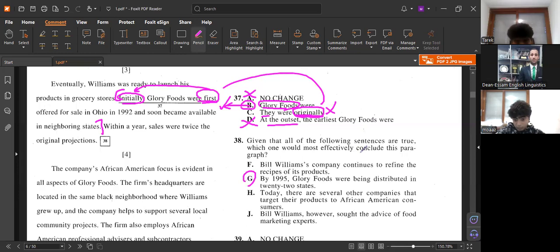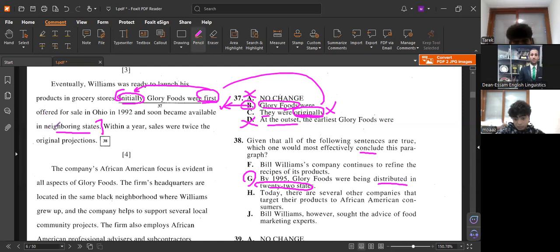I said conclude this paragraph. So focus on the paragraph. He said it already. He said here offered for sale in Ohio and soon became available in all the states. And then were being distributed in 22 states. For popularity, he said already it will be in neighboring states.